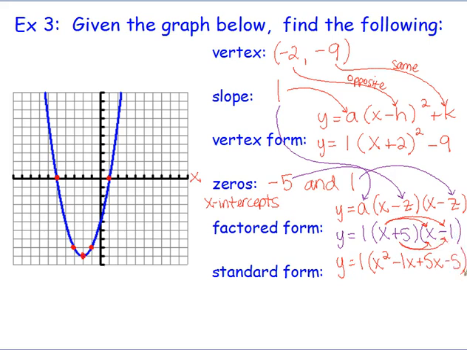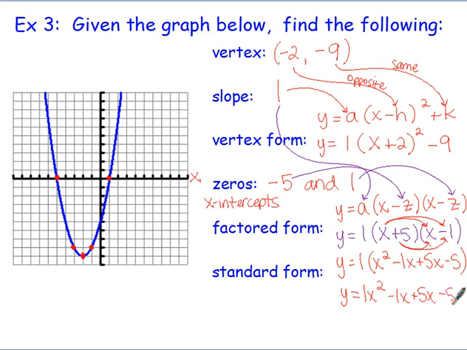Now notice it's still in parentheses because this 1 needs to now be distributed to everything. Well, 1 times x squared is 1x squared. 1 times negative 1x is negative 1x. 1 times 5x is 5x. And 1 times negative 5 is negative 5.